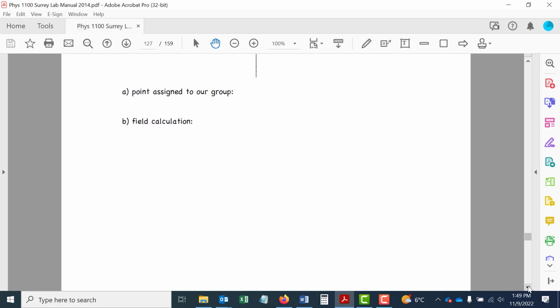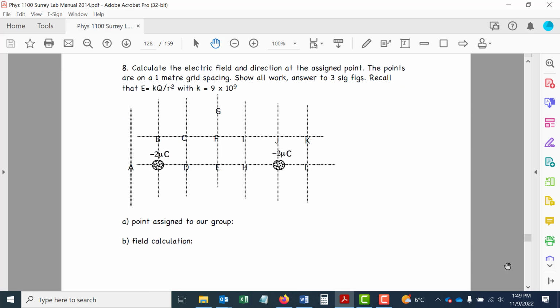Question 8 is the same idea, but it's actually a much more involved calculation because there's 2 charges here. Again, your group is going to be assigned one of the points on the diagram, and you're going to need to do a vector addition of the 2 electric fields due to these 2 charges to figure out what the resultant electric field's magnitude and direction are.